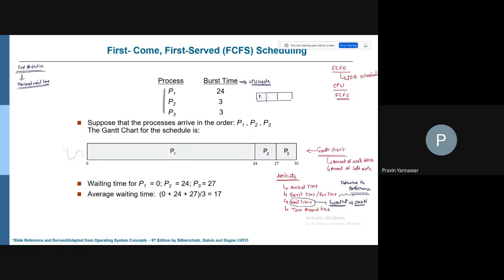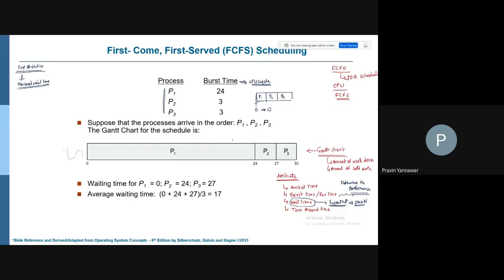So P1 arrived first, P2 arrived second, P3 arrived third. When they arrive, they are executed. At time T, P1 arrives, and at the same moment P1 is served. So immediately for P1 the waiting time is 0.